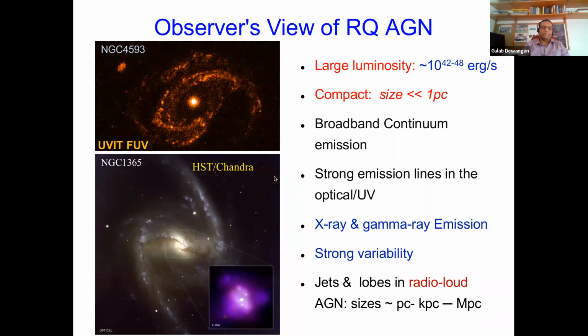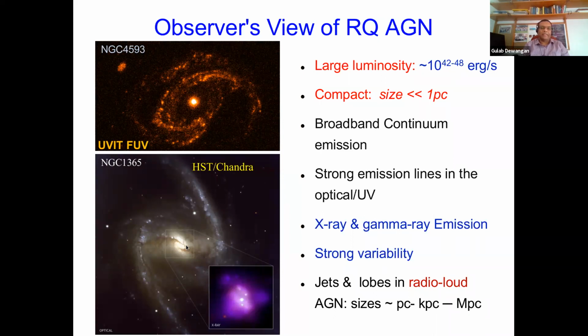Here I show some pictures from AstroSat. So this ultraviolet picture of NGC 4593 taken with the AstroSat's UVIT in the far ultraviolet band. And here you see the bright nucleus and the host galaxy, spiral galaxy as well. And this bright nucleus is of course the AGN. Sometimes this bright nucleus is not very obvious because there may be dust lanes or some kind of obscuration.